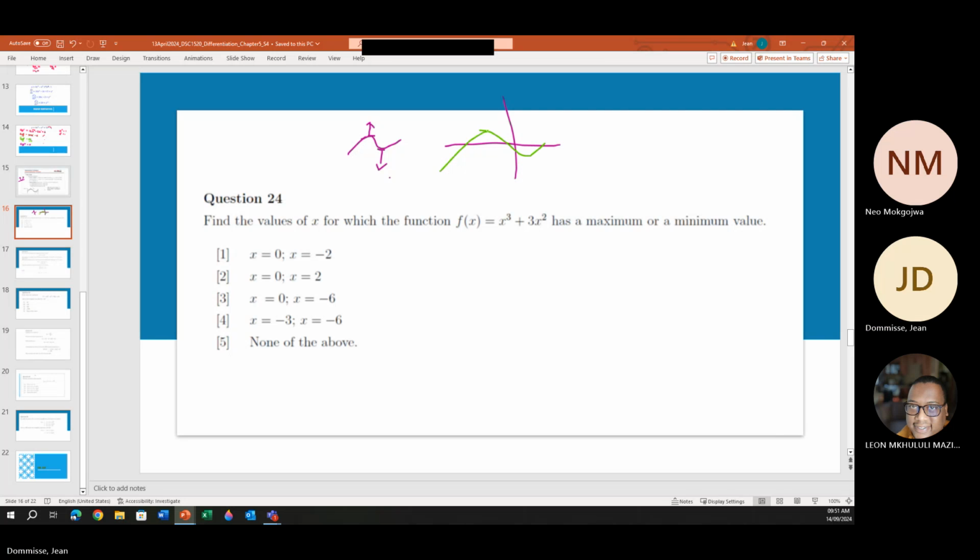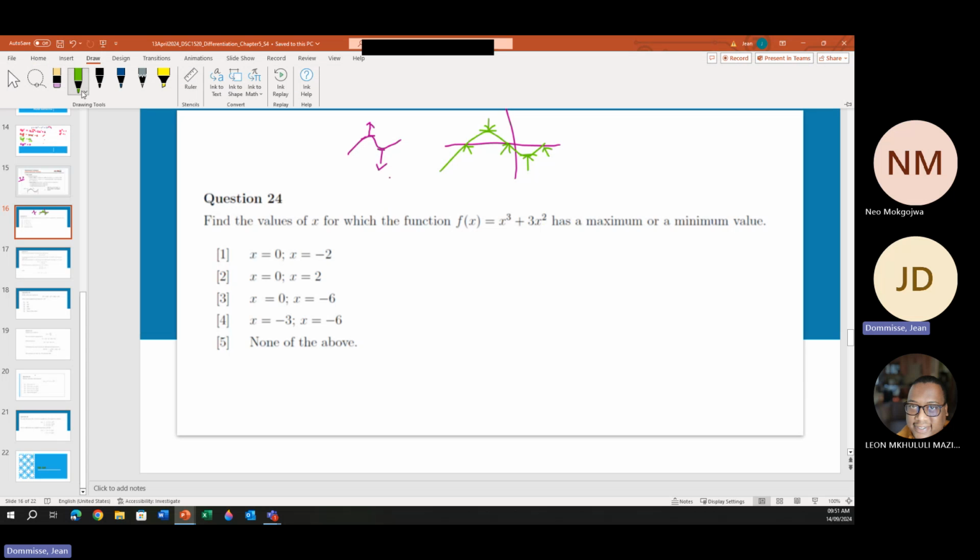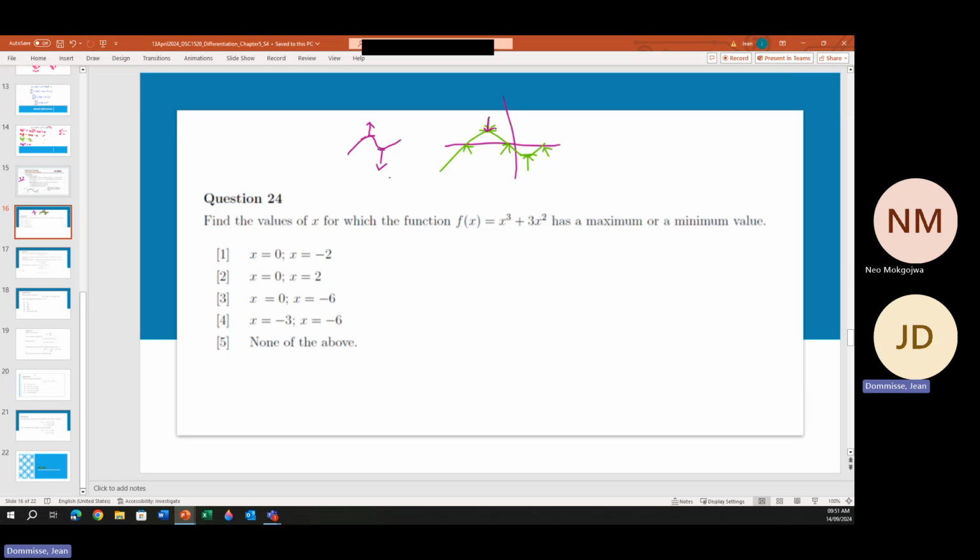So we want those 2 points. If we factorized that function, we would have gotten that x, and that x. That is if we factorized that function. We're not looking for the factorized numbers. We're looking for the turning points.